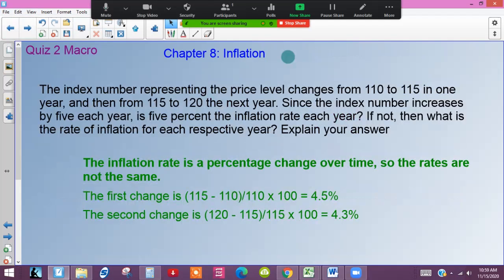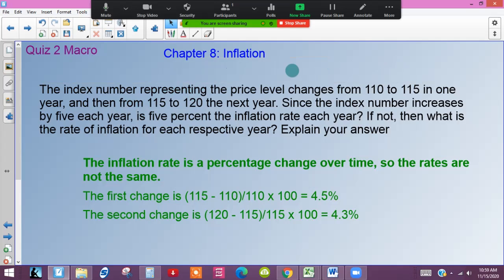And then every other year is a ratio of the base year, which we are assigning the index number of 100. So in this problem, we're well past the base year of 100, so we're up to 110, to 115, and 115 to 120.